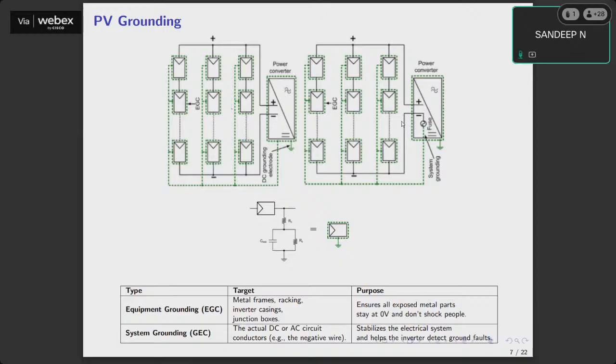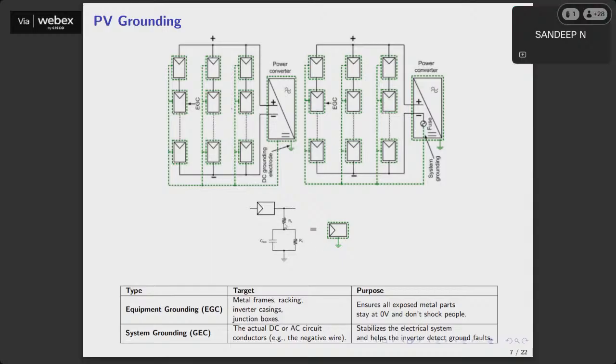Many cases have been studied, and that is one of the major reasons why grounding of a PV becomes essential. The moment PV is grounded, the parasitic capacitance is activated, in the sense it gets a path through the ground. What are the problems with this parasitic capacitance? We'll see soon.